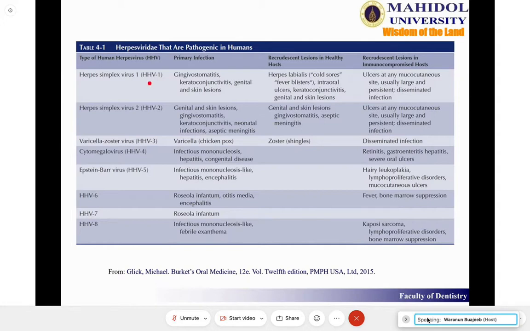We are going to talk about herpes simplex virus type 1, type 2, and varicella zoster virus, which can also be called human herpes virus 3, but the more commonly used term is varicella zoster virus. Other herpes viruses like cytomegalovirus, Epstein-Barr virus, and human herpes virus types 6, 7, and 8 can also cause oral lesions, but because they are not in this group, I'm not going to talk about them in detail.